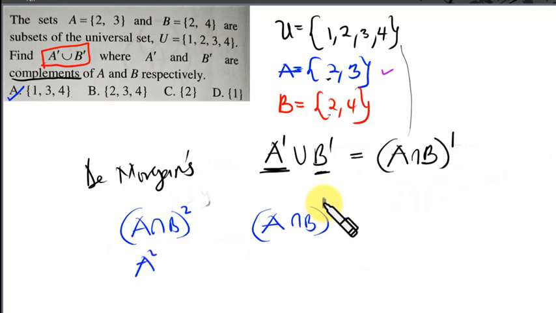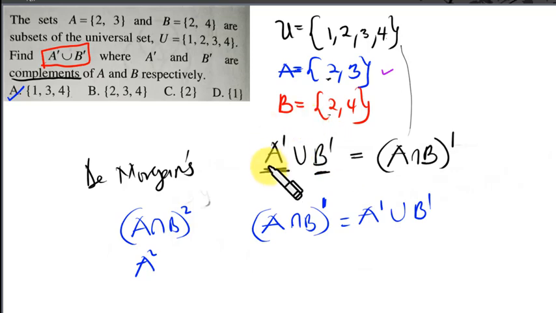So if we are expanding this, this sign will affect the A, so we have A complement. And when this sign affects the intersection, it changes it to union. And when this affects that, then we have the B complement this way. So that is how it looks.